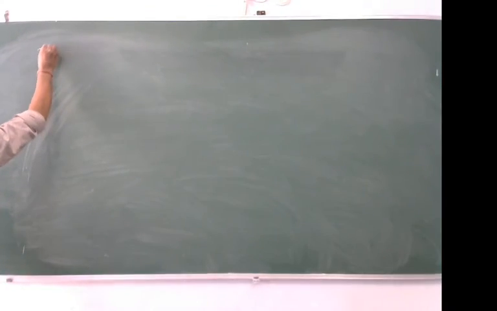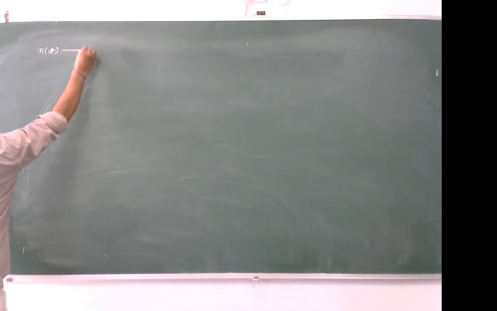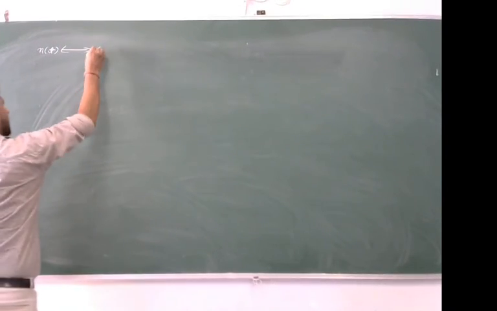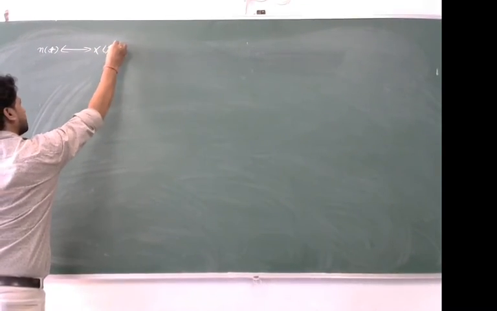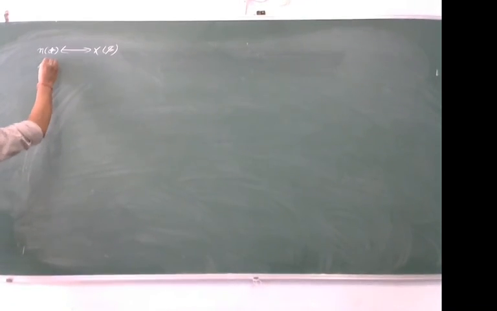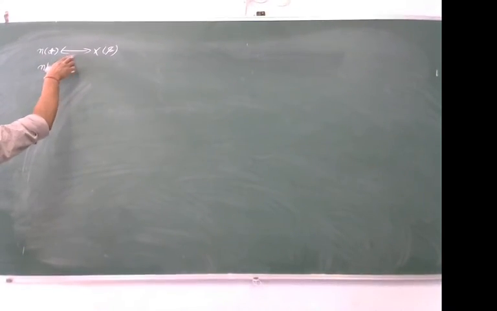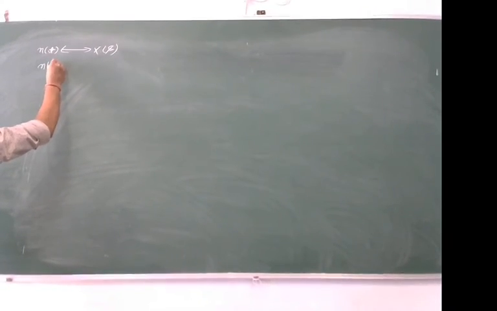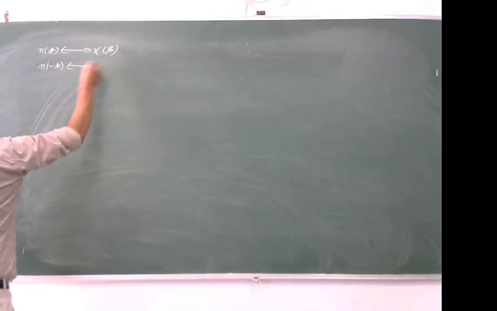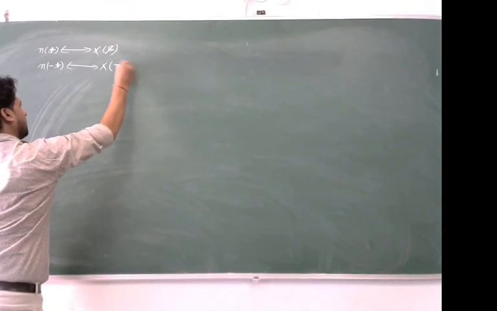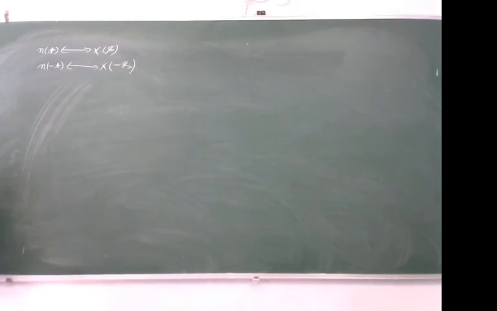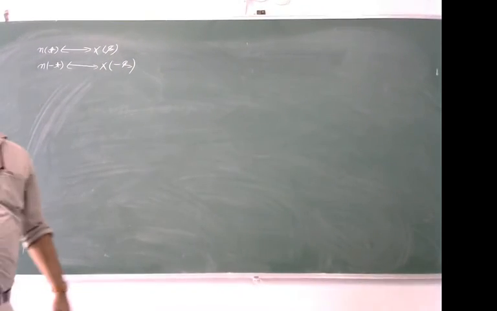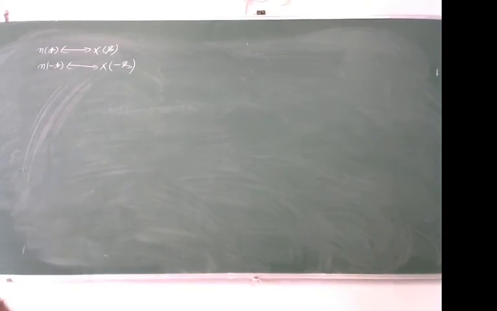It states that if the Laplace transform of x of t is X of s, then the Laplace transform of x of minus t will be equal to X of minus s, and we can find the proof as follows.